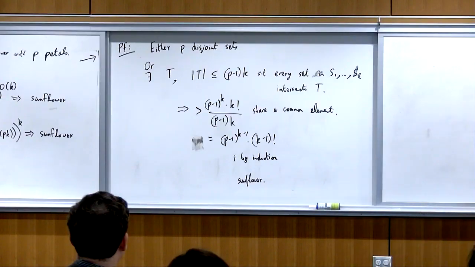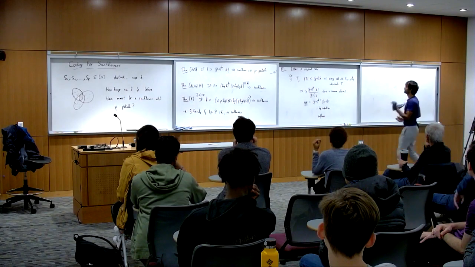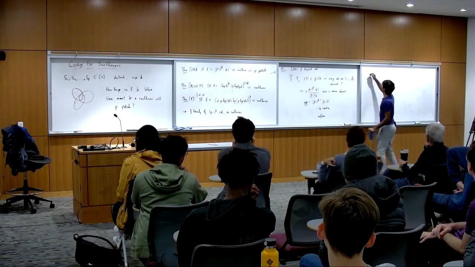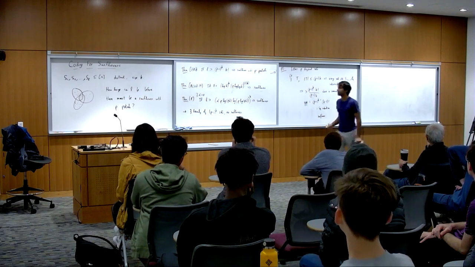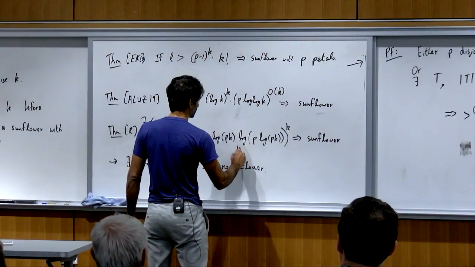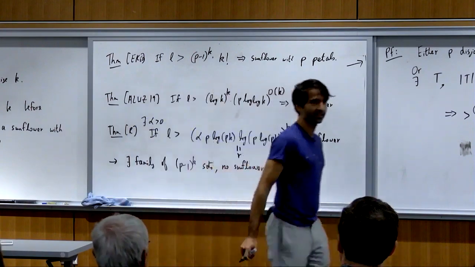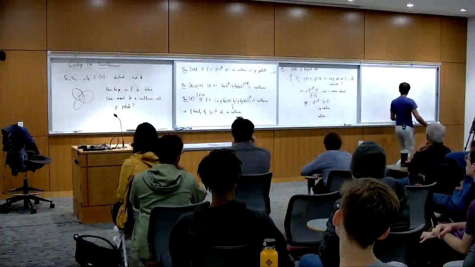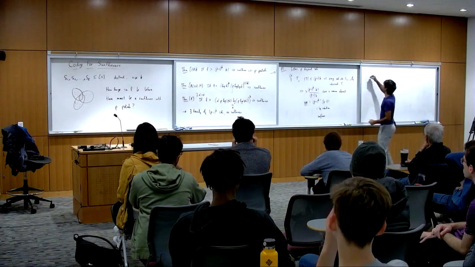Let me show you the high-level structure of the proof. Throughout this talk, I'll refer to this quantity inside the bracket as R, so this is R to the k. Let me give you a definition.